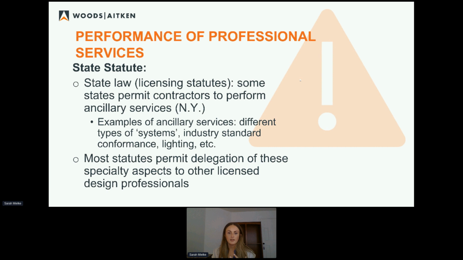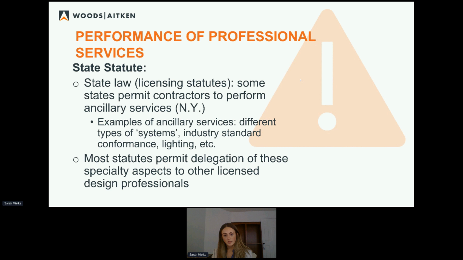So anything with a maybe complex system that involves some kind of proprietary installer information, be on the lookout for design delegation, because some states will allow contractors to perform those services without any kind of professional service license. They don't have to be an engineer or an architect.